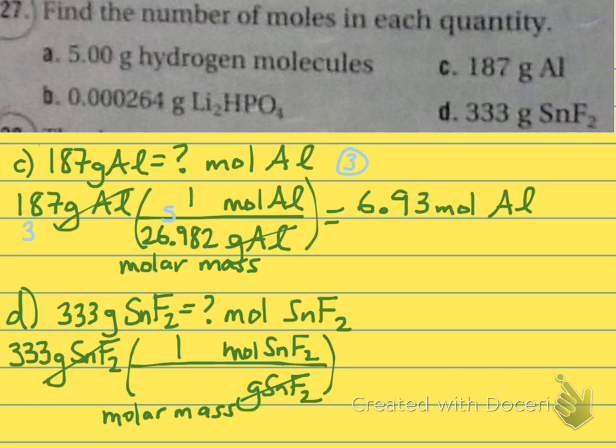For tin 2 fluoride, it's 1 tin, and tin's mass on our periodic table is 118.71, plus 2 times fluorine's, which is 18.998. So I get 156.706. Again, I should divide. And I have 3 sig figs and I have 6 sig figs, so my answer should have 3 significant figures. So I get 2.12 moles of tin 2 fluoride.